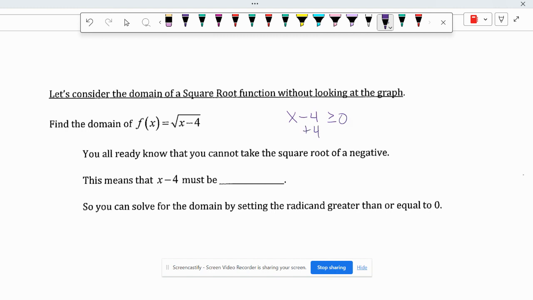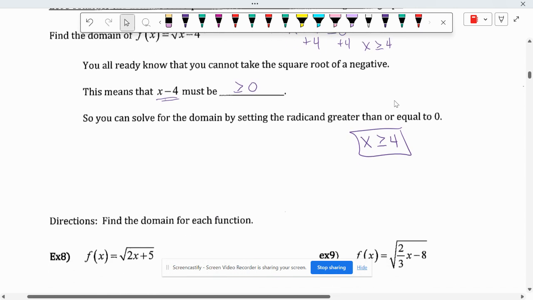Add 4 to both sides. That means x has to be greater than or equal to positive 4. We know that this value right here has to be greater than or equal to 0, and we just solved it. We've already been doing that, like I said, we did that yesterday.